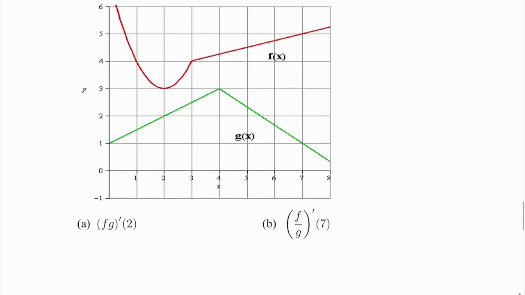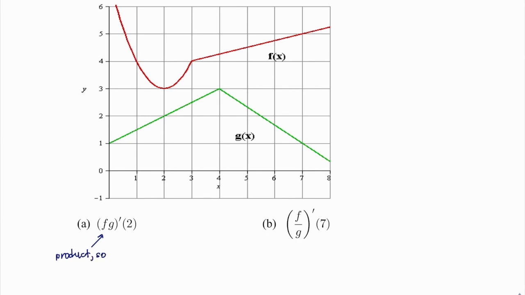In example 11, we have the graph of a function f that looks like a piecewise function, and the graph of a function g that looks like either a piecewise function or a transformed absolute value function. It looks like it's probably piecewise because we have different slopes on the two sides of that vertex point. And so the first question here is asking us to find the derivative of f times g at 2, right? And we can see this is a product of two functions.